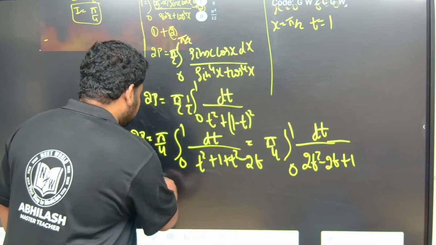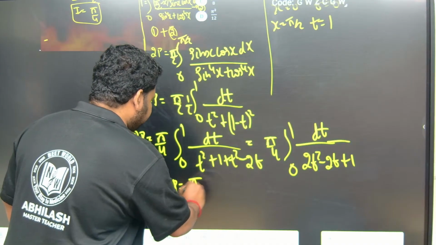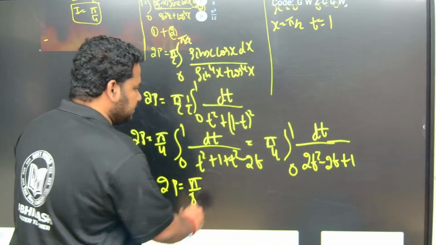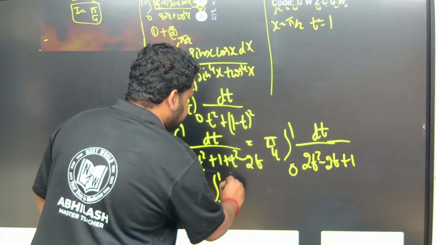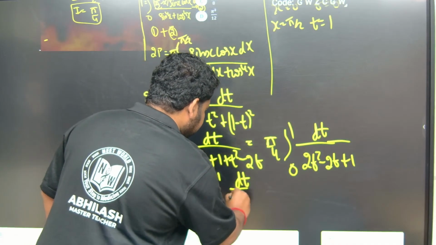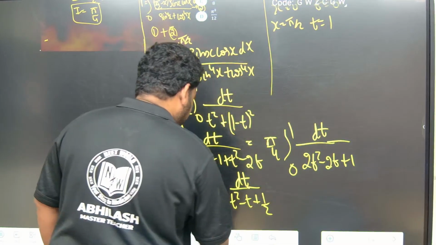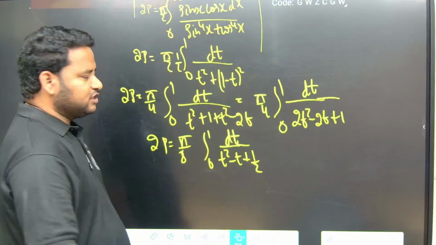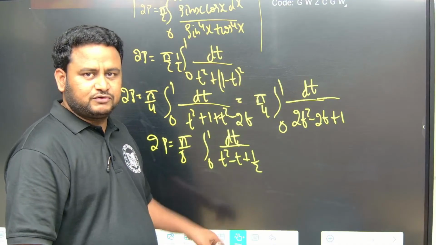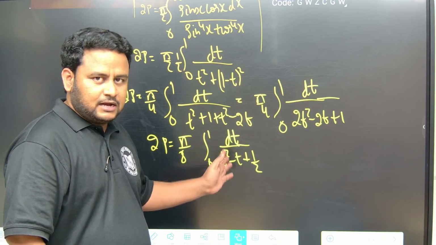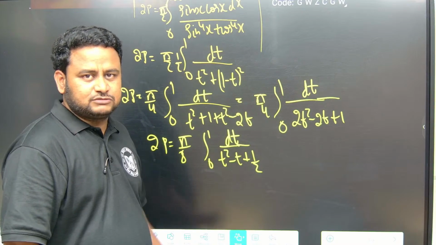This will become: 2p will be equal to pi by 8, integral from 0 to 1, dt by t square minus t plus 1 by 2. Now looking at this, we know the coefficient of t is just 1, so I have to add and subtract 1 by 4, that is (1 by 2) whole square.